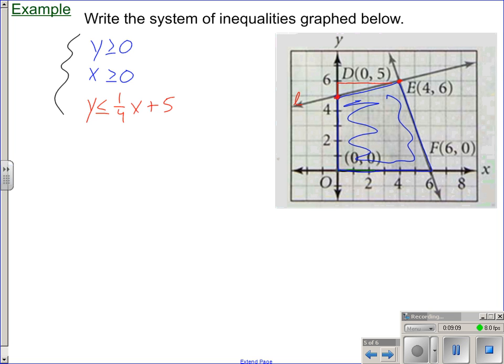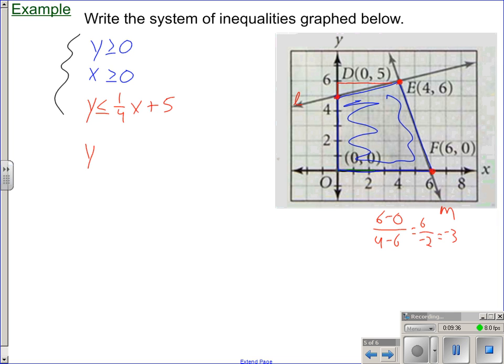And now we need this line down here. We'll call it line M. I don't know what its y-intercept is. We have a couple of points, the point E and point F. So we need to get its slope. Difference in the y values, 6 minus 0 over difference in x's, 4 minus 6. 6 over negative 2 is a negative 3.